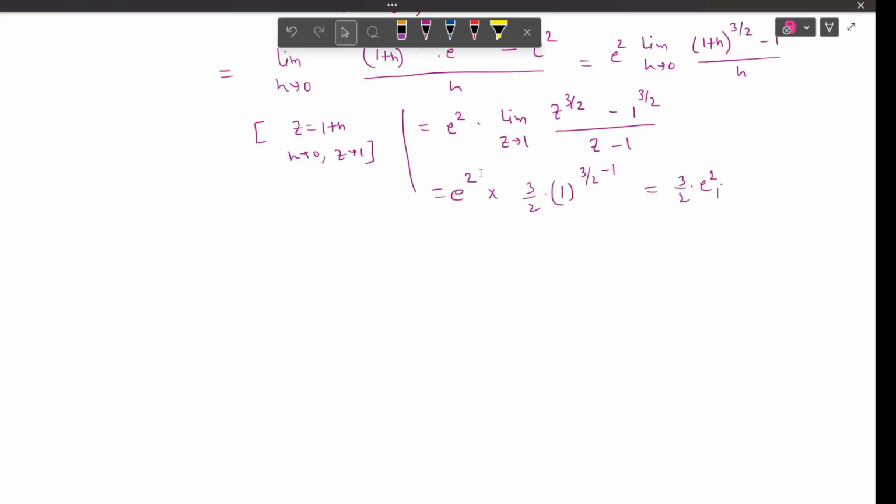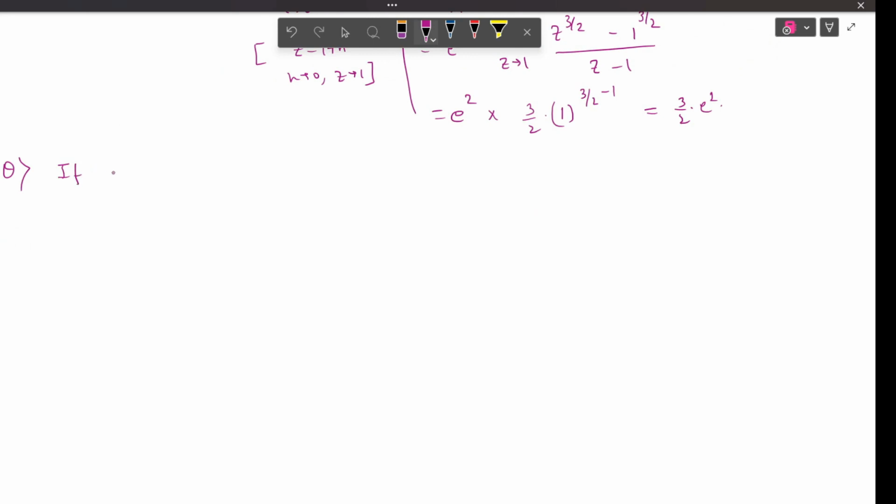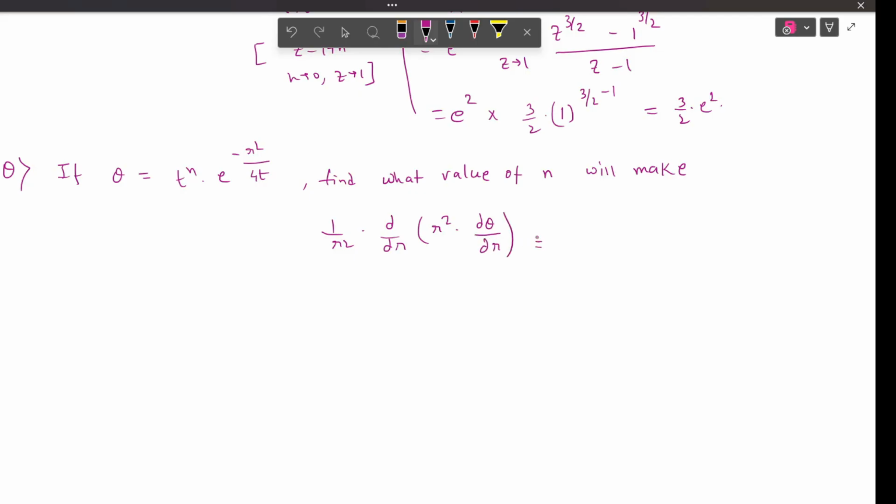Let's say we have this question: if theta is t to the power n e to the power minus r square by 4t, find what value of n will make 1 by r square del r of r square into del theta by del r equal to del theta by del t. So let us see this question.